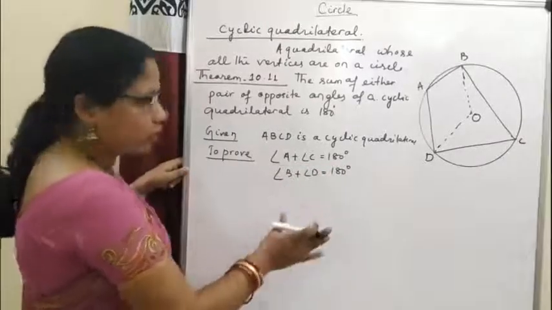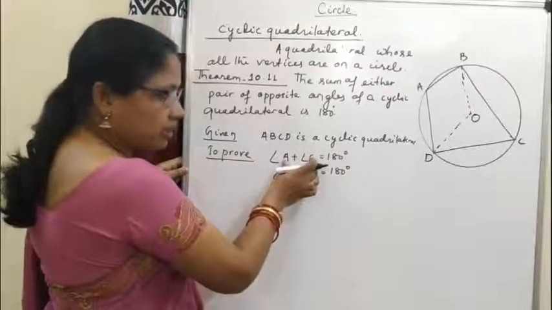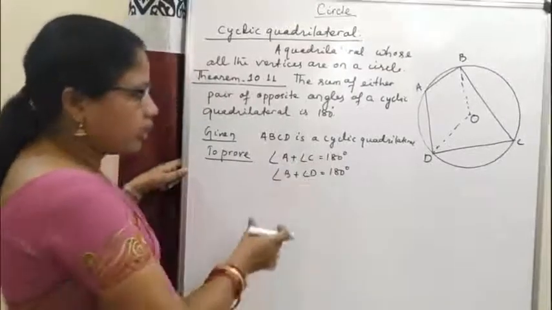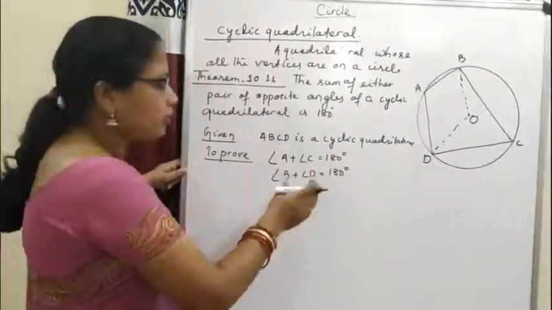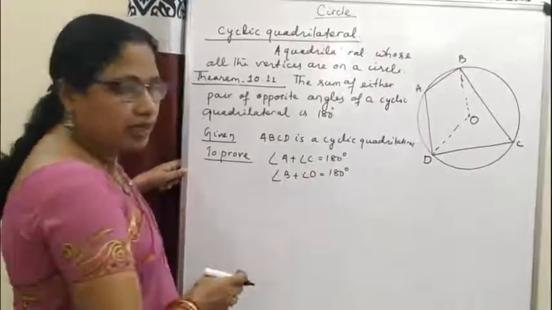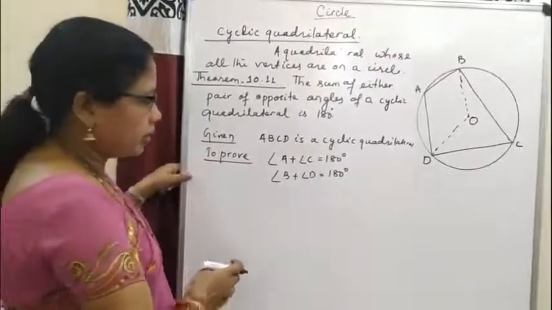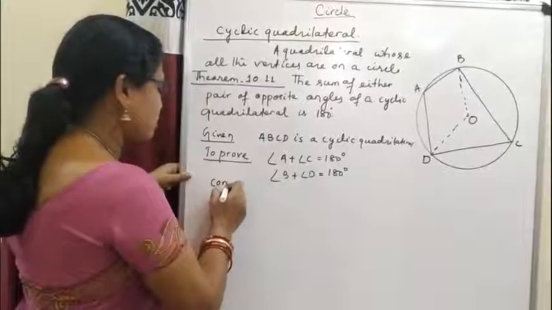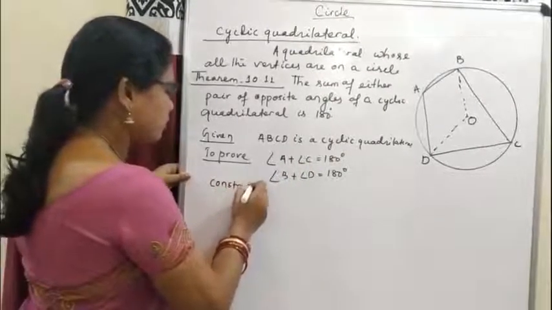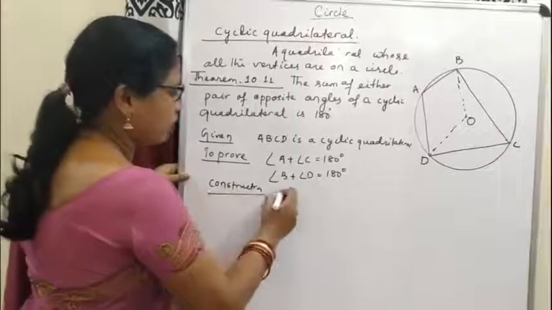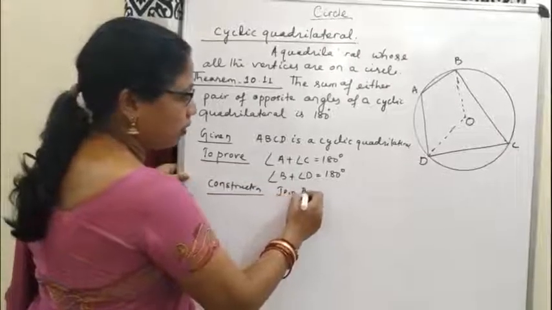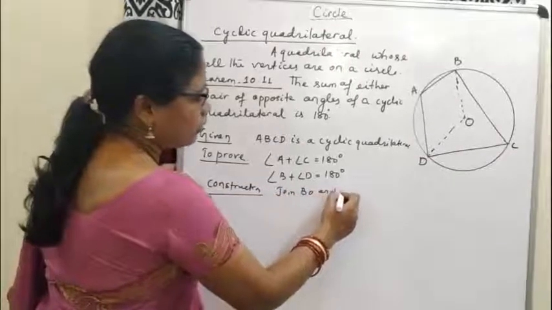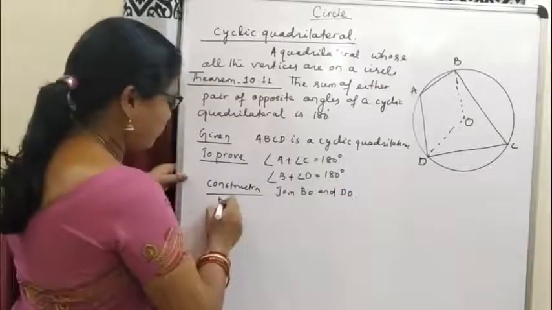So first we have to prove angle A plus angle C is equal to 180 degree. Then similarly we can prove that angle B plus angle D is equal to 180 degree. So for the first proof, construction: I have already constructed. Join BO and DO.